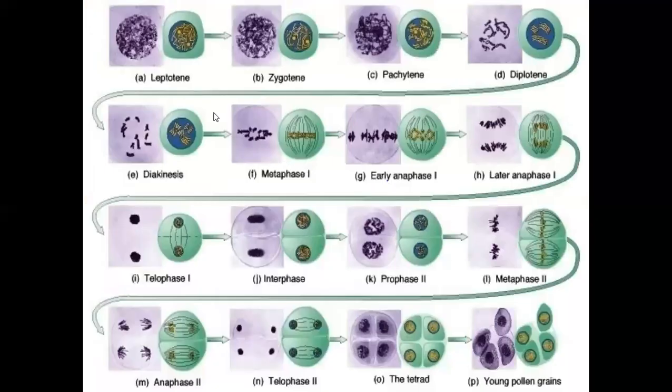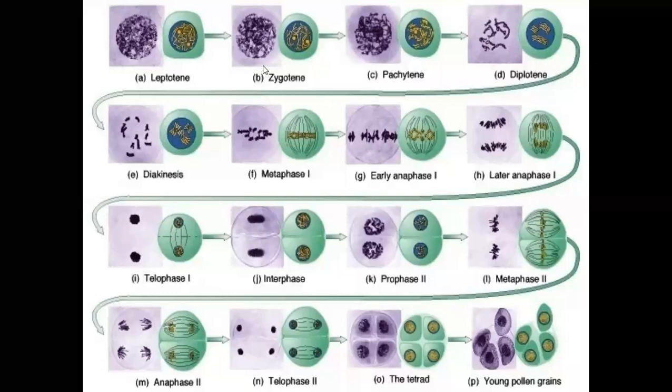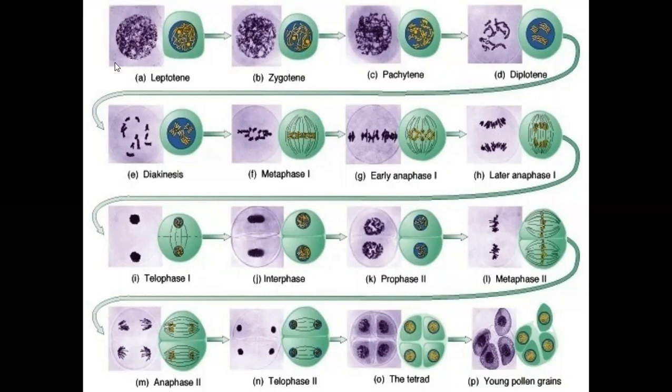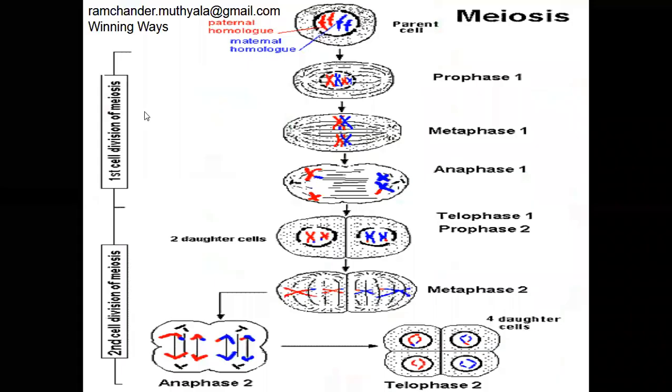See children, this is the diagram of meiotic division or reduction division. The reduction division shows mainly 2 major phases: meiosis 1 and meiosis 2. Meiosis 1 is the first cell division of meiosis.